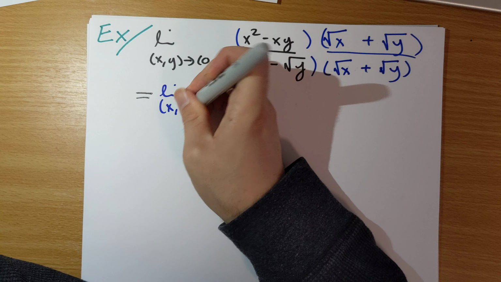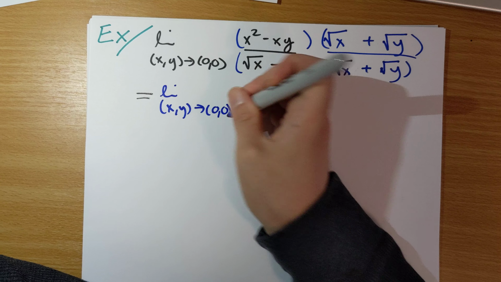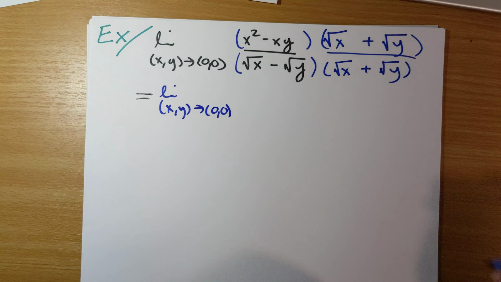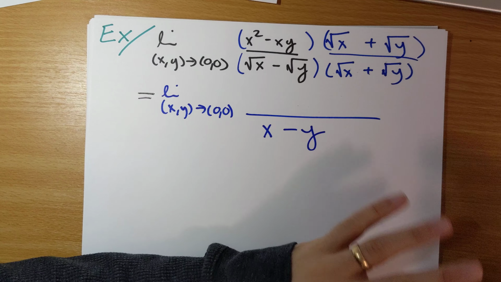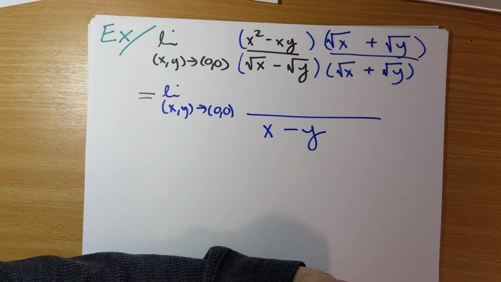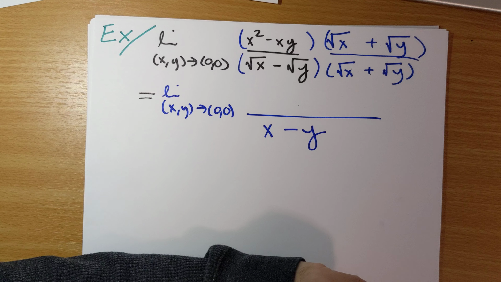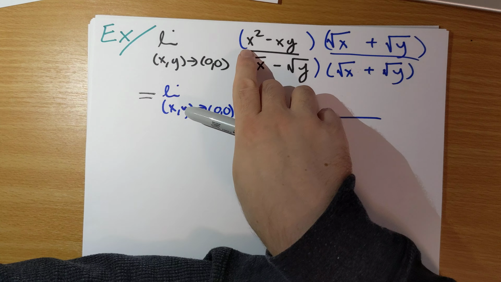The limit as (x,y) goes to (0, 0) of... okay, so the denominator simplifies down to x minus y. That's the whole point of multiplying by the conjugate. In the numerator, x squared minus xy, I can factor out an x from that. So we have x times (x minus y) times (square root x plus square root y).